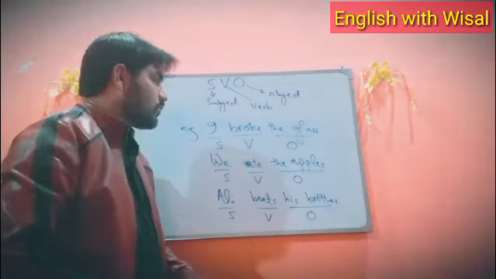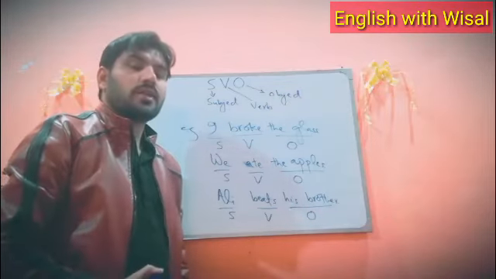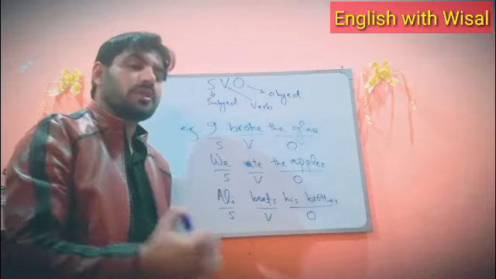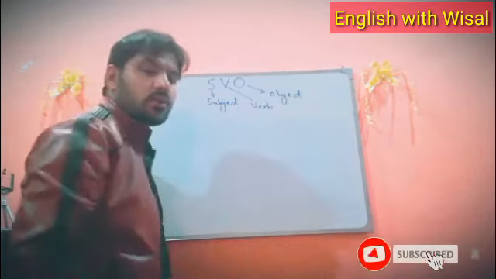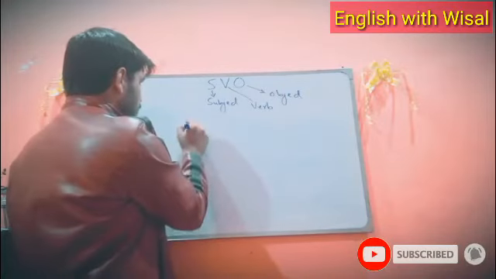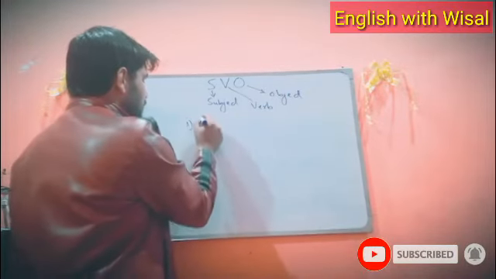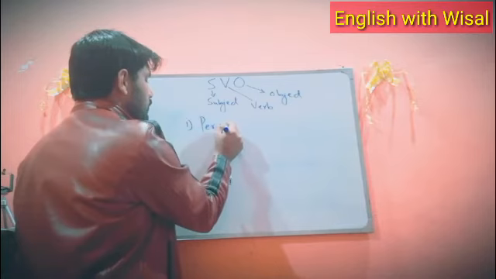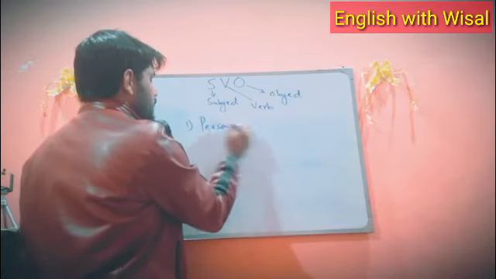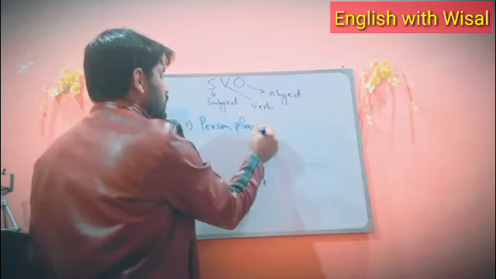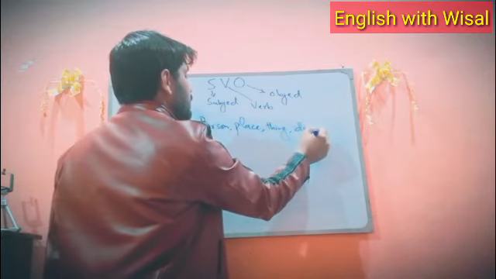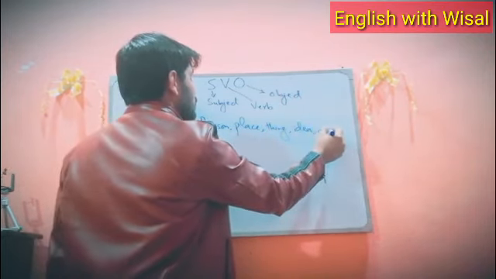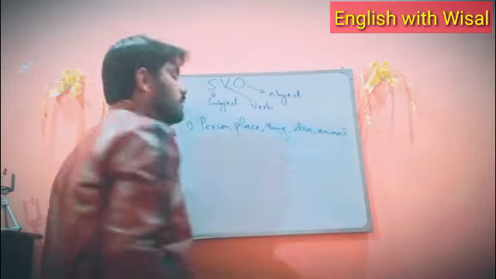Now I'm going to tell you what an object can be. Let's categorize the object. So, object can be a person, place, thing, idea, or an animal.